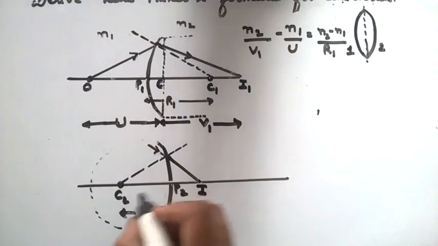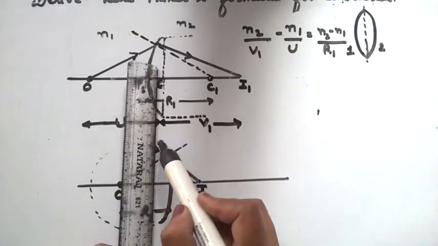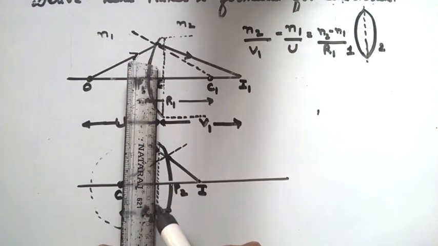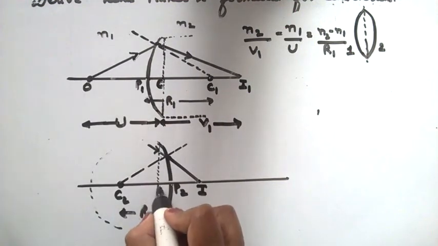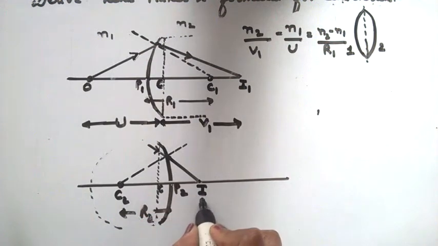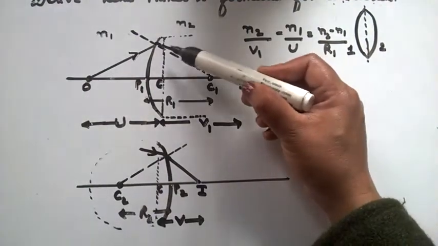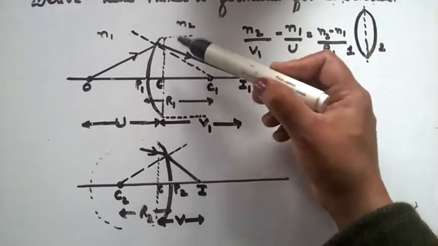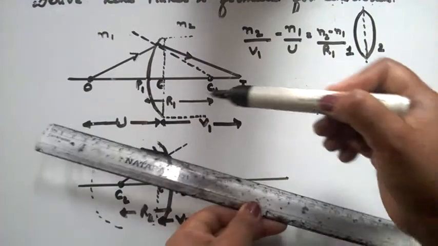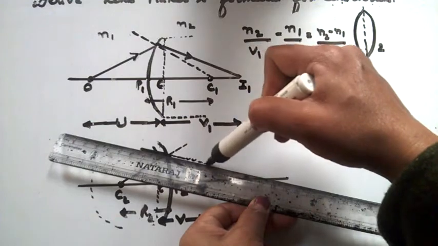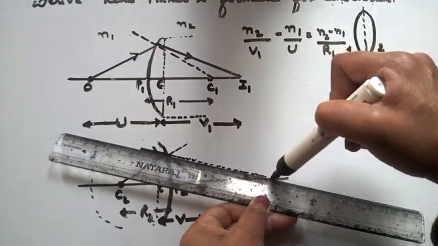Now, the optical center of this lens is C. From optical center to I, the distance is the image distance, given as V. Now, as this refracted ray will become the object for the second surface, this image I1 is the virtual object for the second surface.